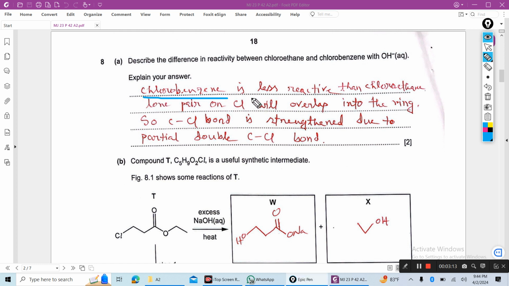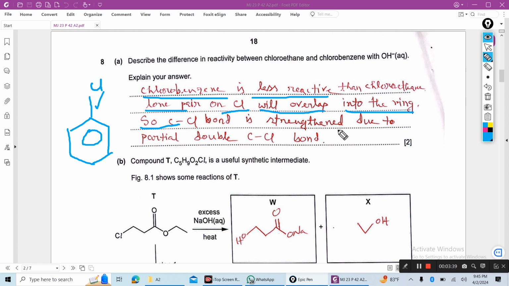So chlorobenzene is less reactive than chloroethane because the lone pair on chlorine will overlap into the ring, so in chlorobenzene the C-Cl bond is strengthened. That's why chlorobenzene is less reactive.